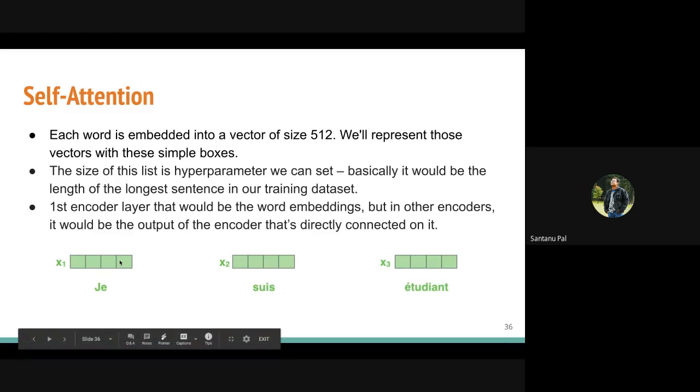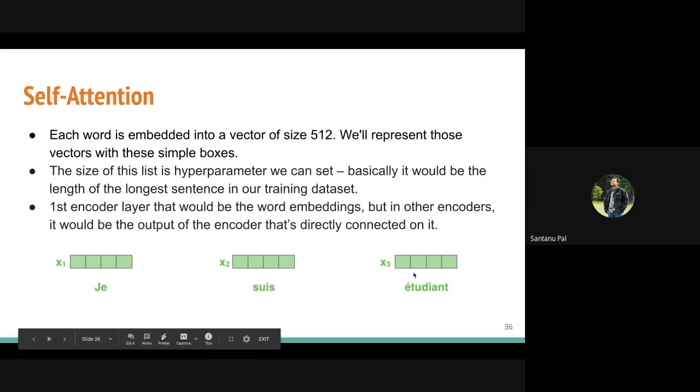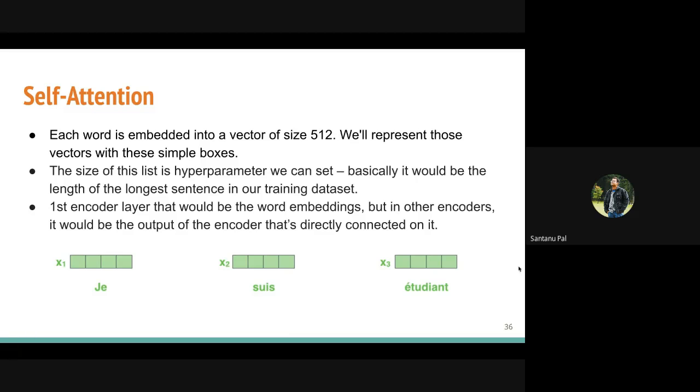Each word is like this, and the sentence length, x1 to xn, in the transformer architecture is fixed empirically, set to the highest sentence length in your training data.